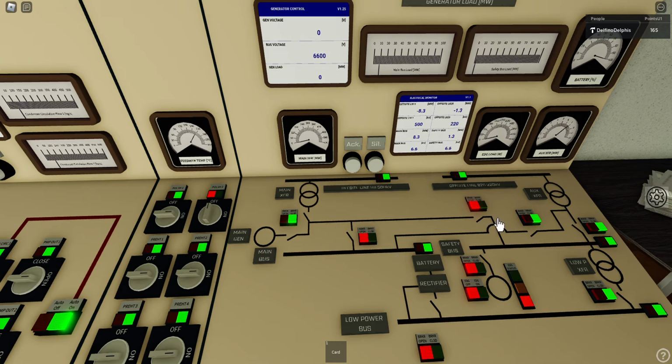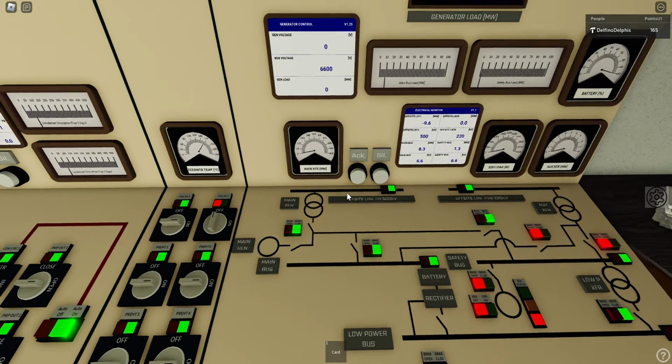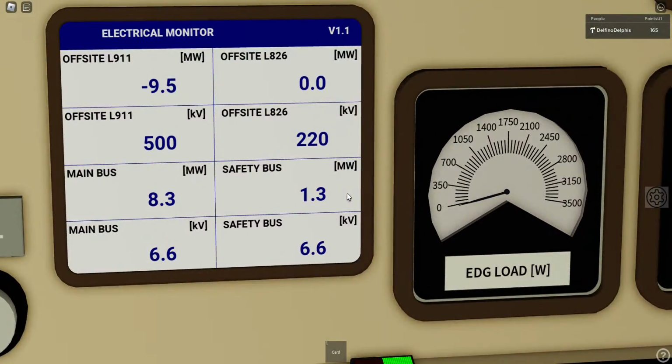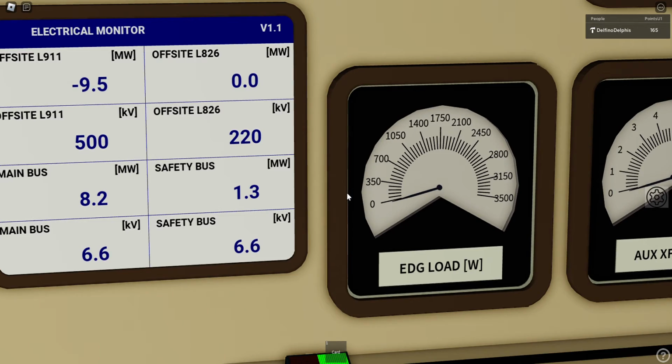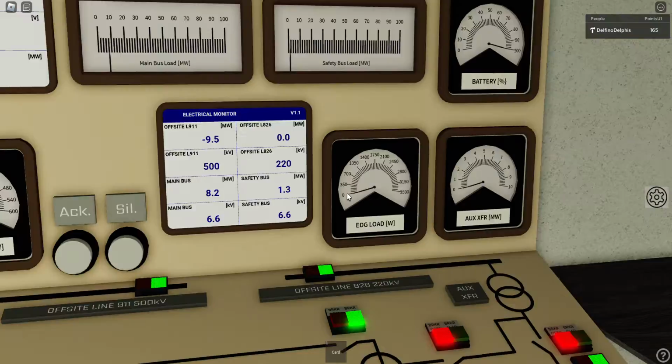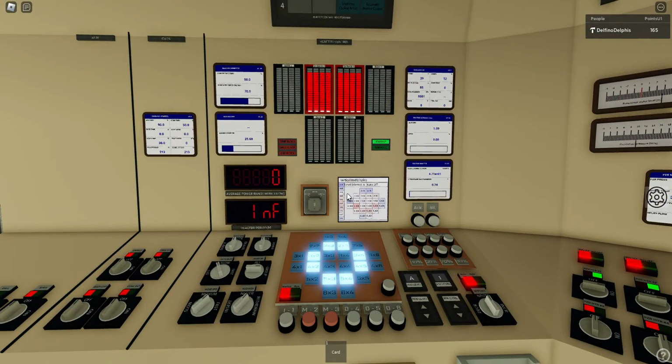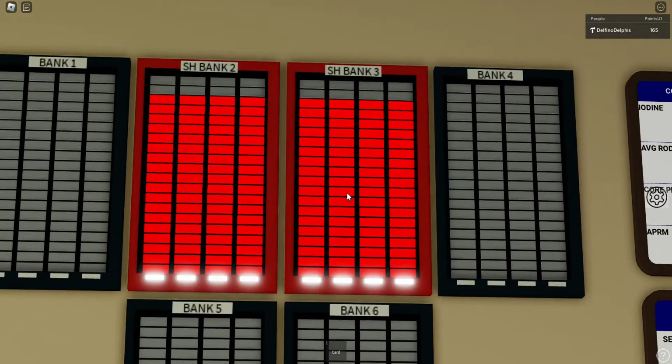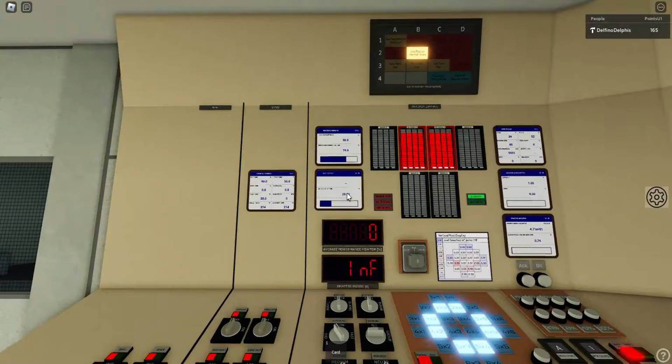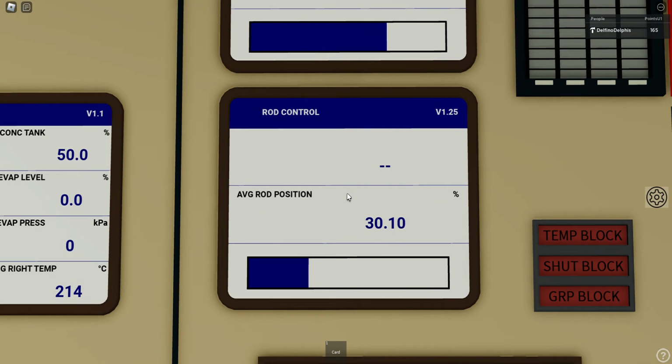Let me just go back to the main transformer. This load is so little that you can hardly see it. Okay, how are we looking here? So this rod should be... Are we pulling the rods?